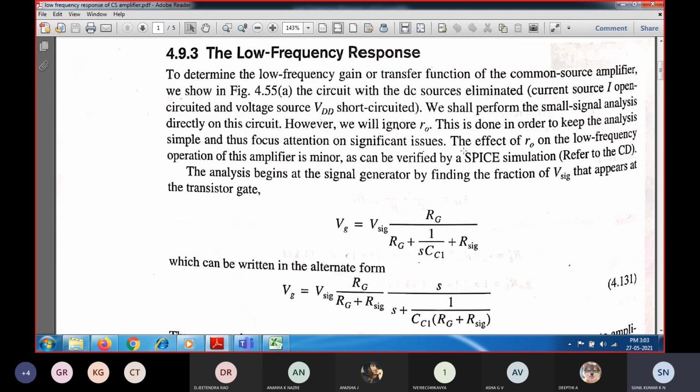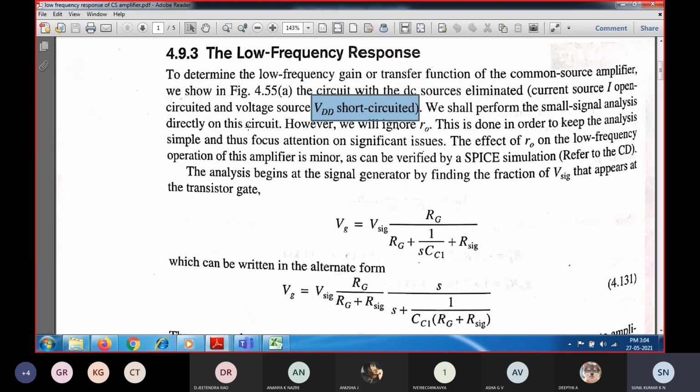When you are going to perform the analysis for this frequency range, obviously we are going to remove all the DC sources, making the voltage source, VDD, a short circuit, and the current source an open circuit. And we are going to perform the small signal analysis, the small signal equivalent circuit model.